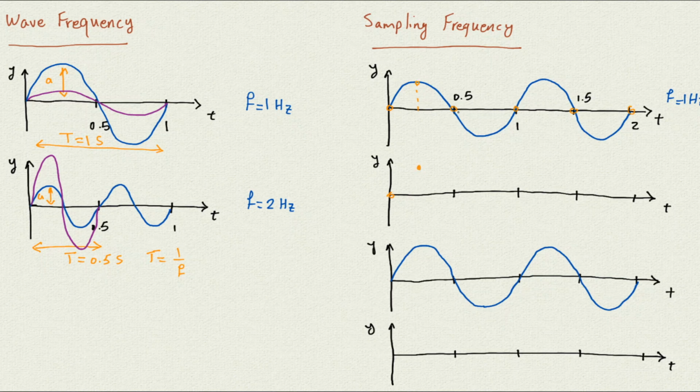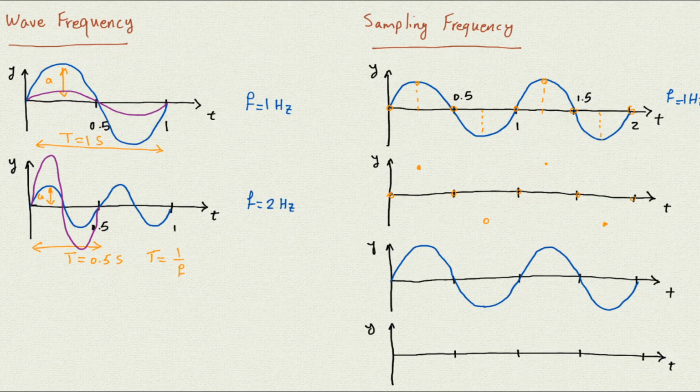Then it goes 0.25 seconds and picks up this point, then 0.25 seconds here, and it picks up this point. Then 0.25 seconds ahead, this point, and again, this point, and then this point.